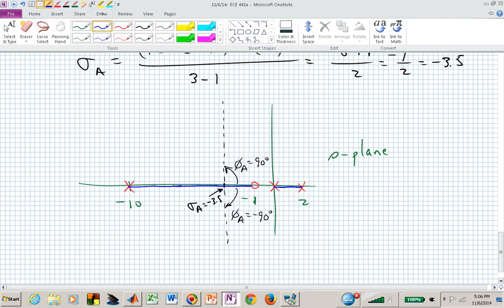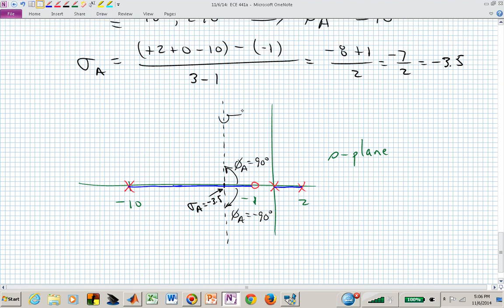This is, again, just a guideline, but the root locus approaches these asymptotes as k gets large.